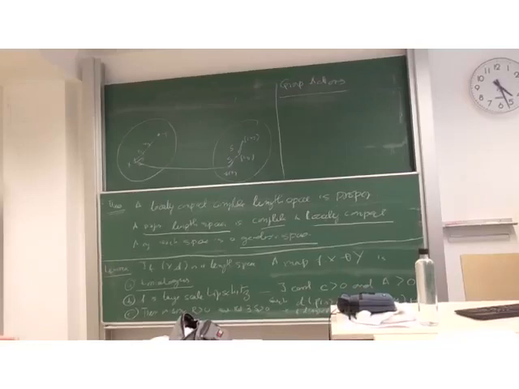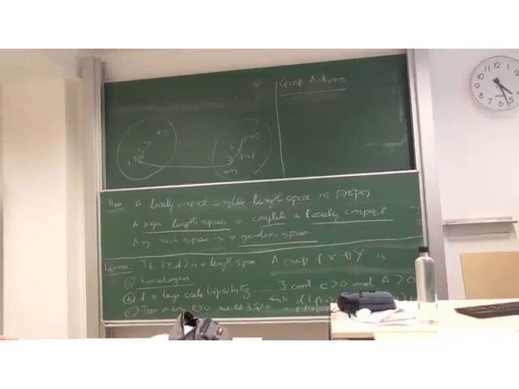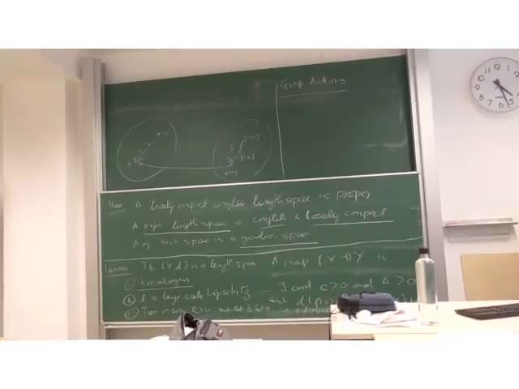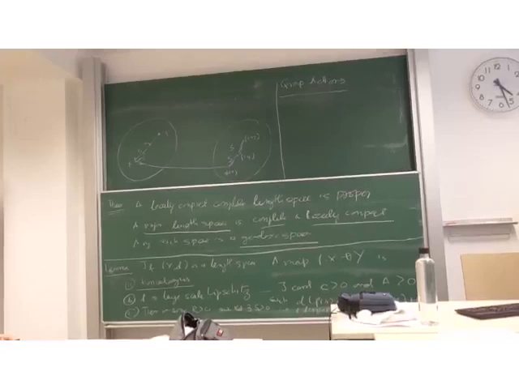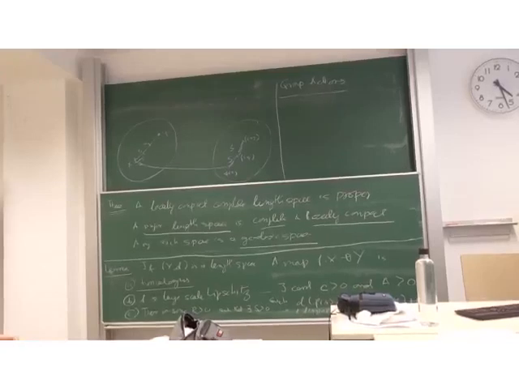So if you look at a circle, you have the R. This is the covering space of the circle. And what's the fundamental group?